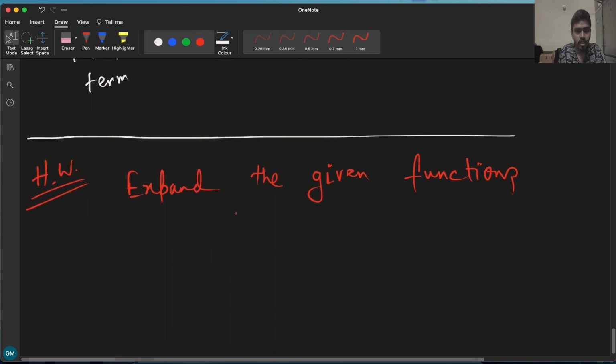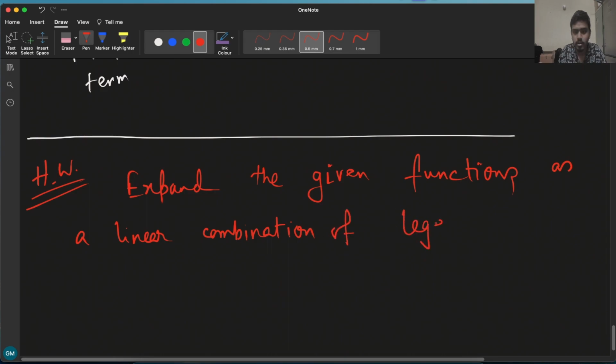So the homework is to expand the given functions as a linear combination of Legendre polynomials.